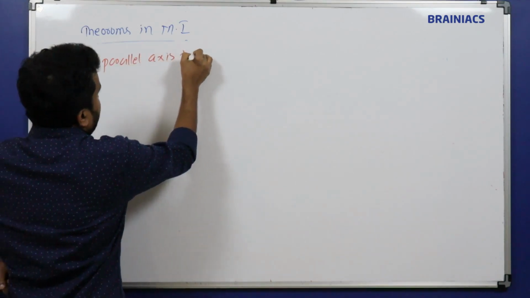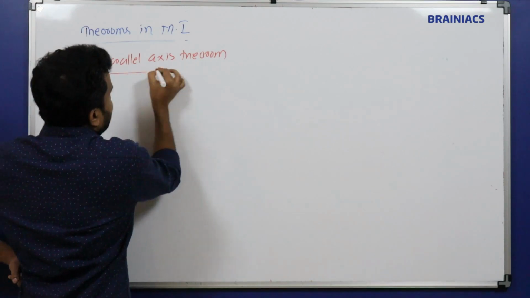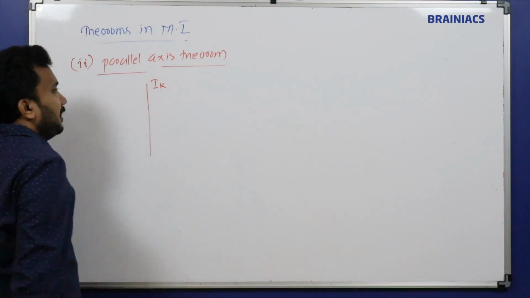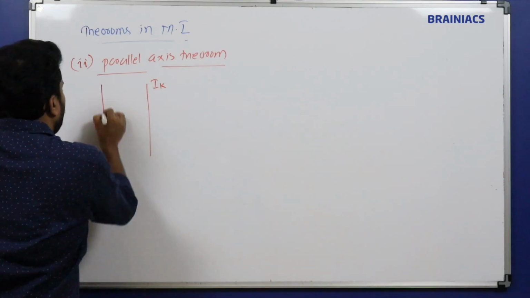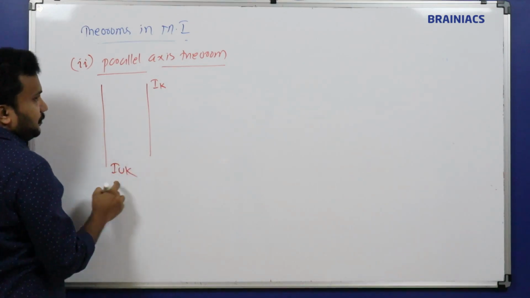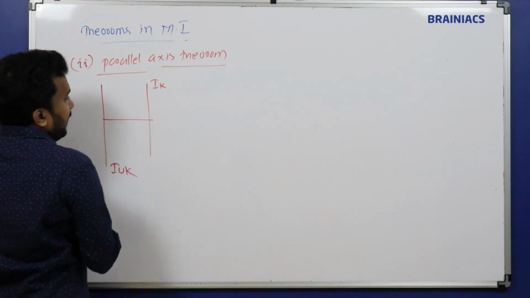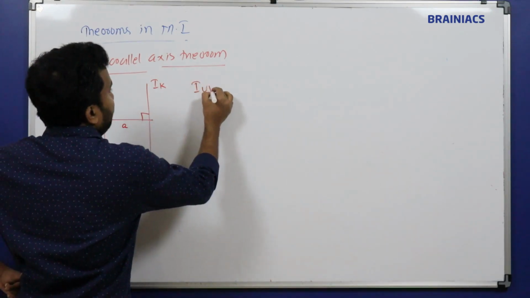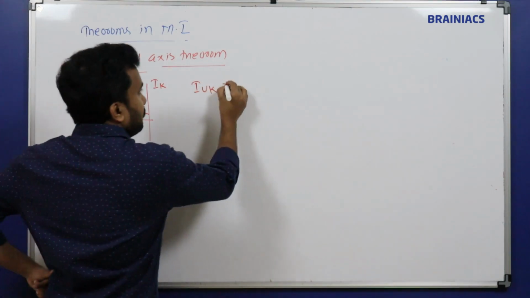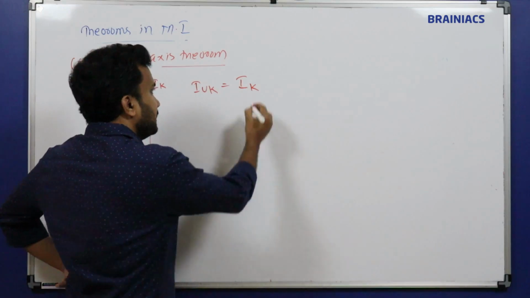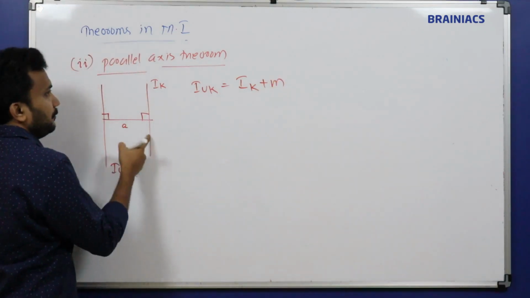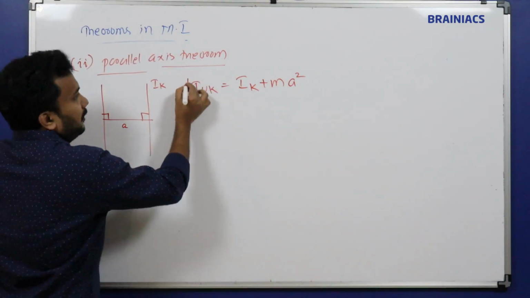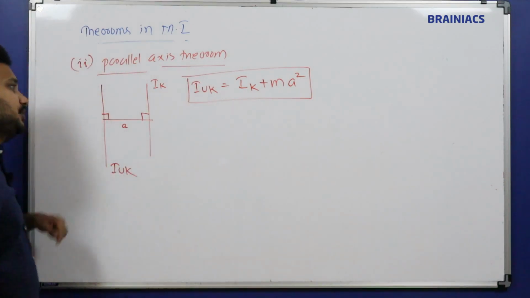It states that if you know the moment of inertia of an axis, that is called Ik, a known axis, and you want to find the moment of inertia of another axis which you don't know, I unknown, and the perpendicular distance between them, at 90 degrees, is a, then the moment of inertia of the unknown axis is equal to the moment of inertia of the known axis plus mass into square of the distance between these two axes, ma square. So I unknown equals Ik plus mass into a square.